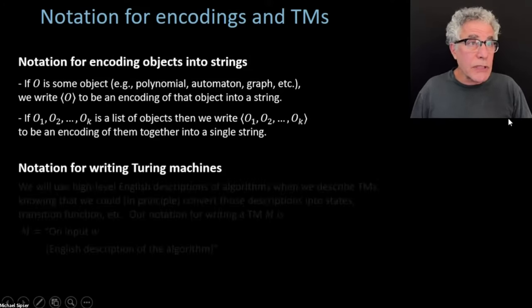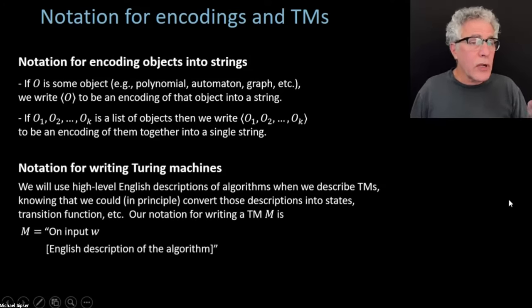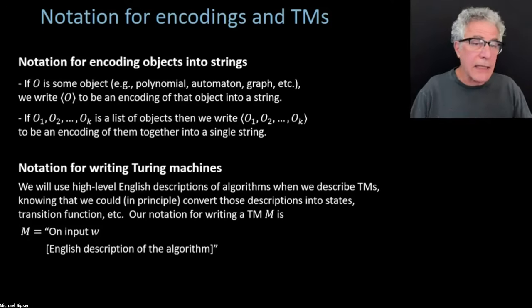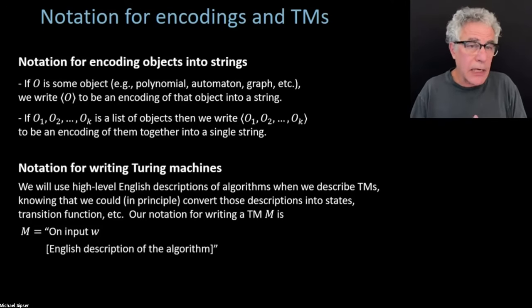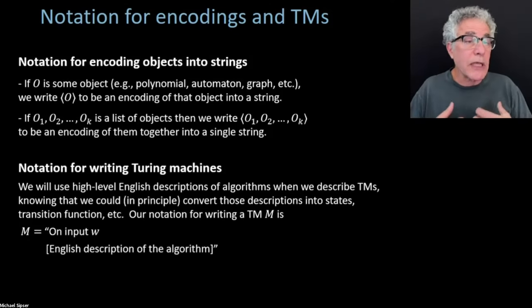Now, for writing Turing machines down, going forward, we're going to be using high-level English descriptions. We're not going to be worrying about the stuff we've been doing up till now. We're not going to do that anymore, and I'm not going to ask you to do it. Managing where stuff goes on the tapes and all that stuff, that's too low level. Because really, now that we have the Church-Turing Thesis, we're really interested in talking about algorithms.